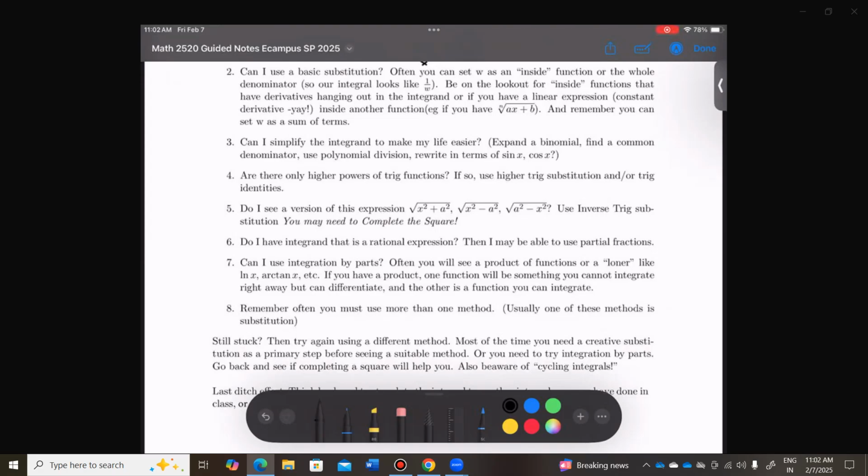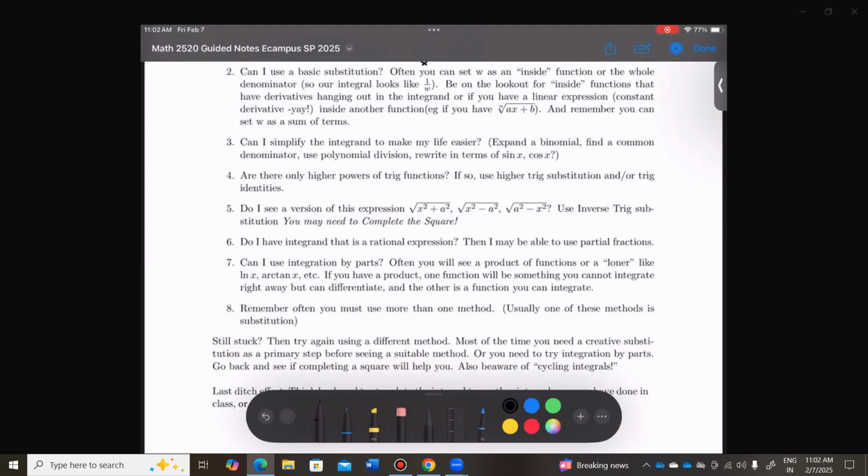It's different possibilities, and you kind of go down this list to see, okay, does it fit any of these, and is that one I can try. Sometimes you have to use more than one method, sometimes you don't. Usually when you do use more than one method, one of these methods is some kind of substitution.